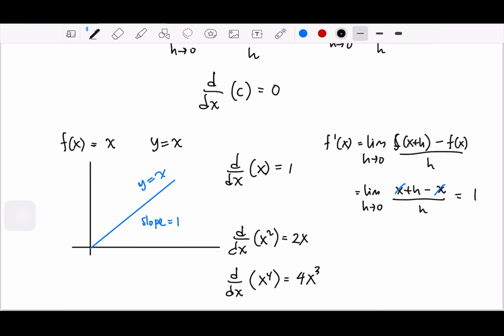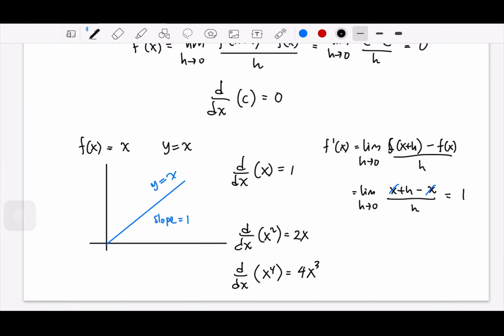So if someone younger than you asks why we can derive this, the answer is we go back to the limit. This is the true definition of the derivative.